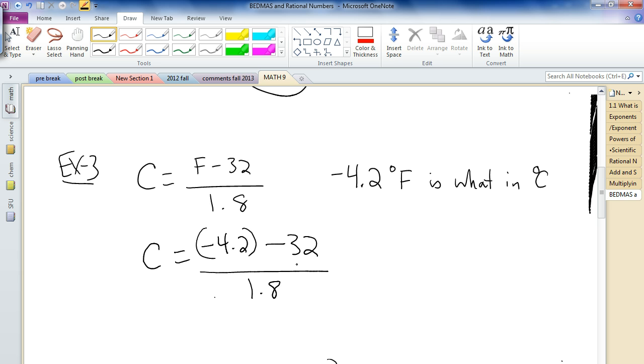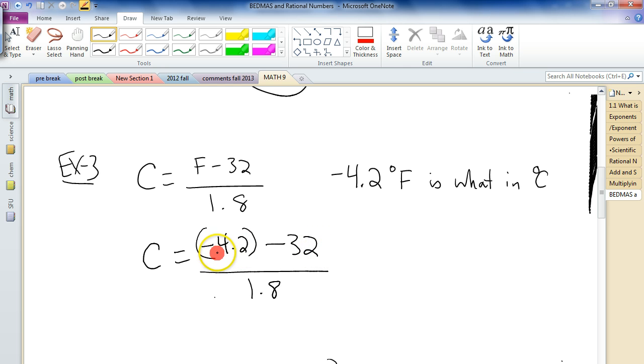Now, I know you have a subtraction and a dividing, and you think of doing the dividing first, but you don't. There's an unwritten rule: when you have this big long dividing line, it comes with brackets on the top and bottom around whatever is in there. So you have negative 4.2 minus 32.